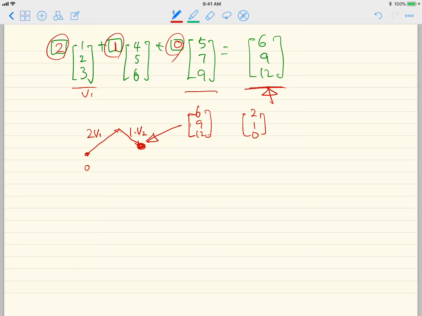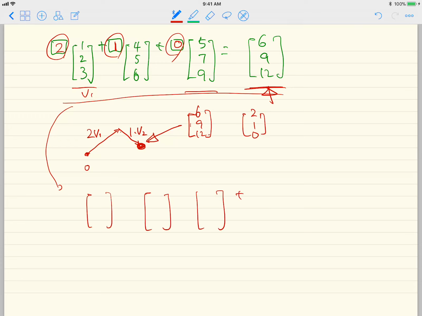But let's think about its homogeneous version of the linear system. A homogeneous linear system has the same vectors, and the right hand side will be just a simple vector of all zeros.